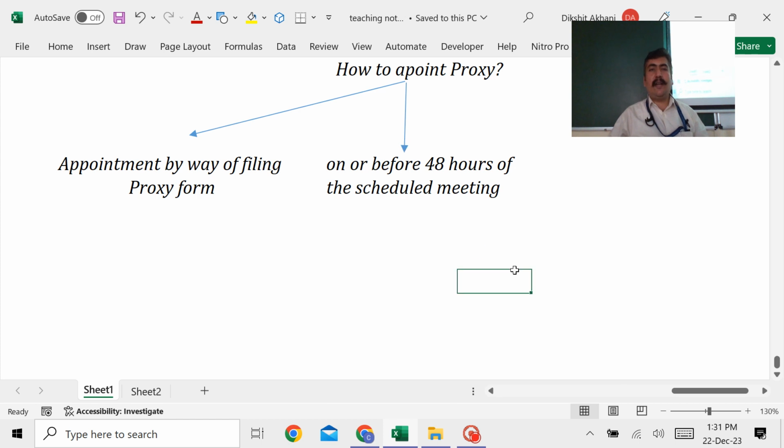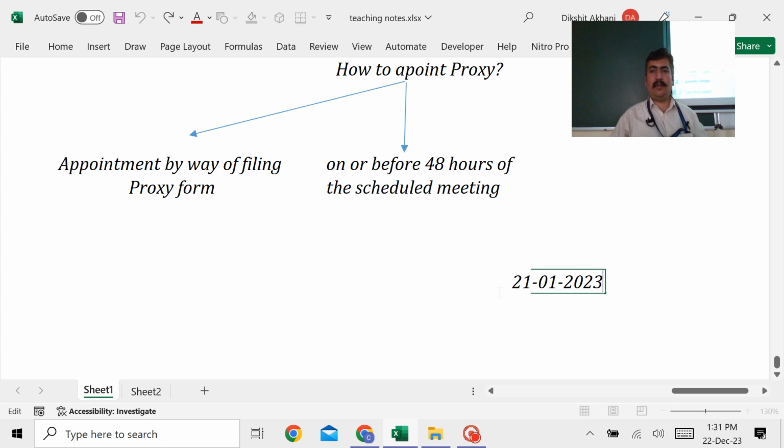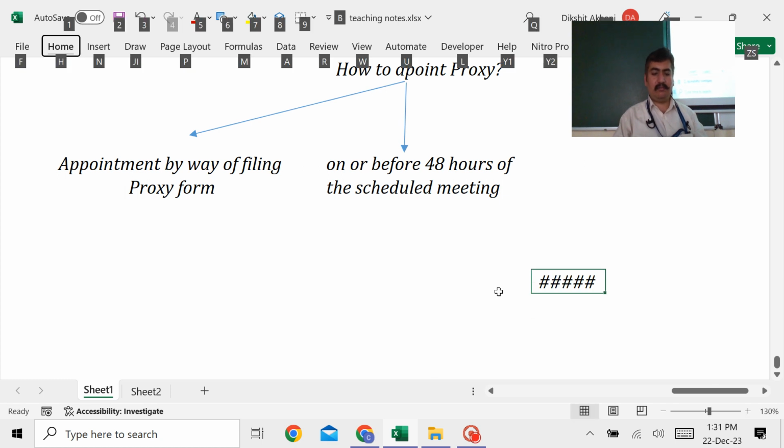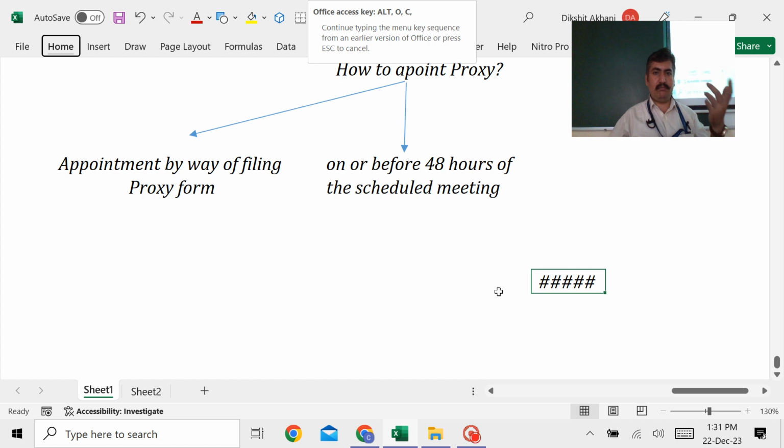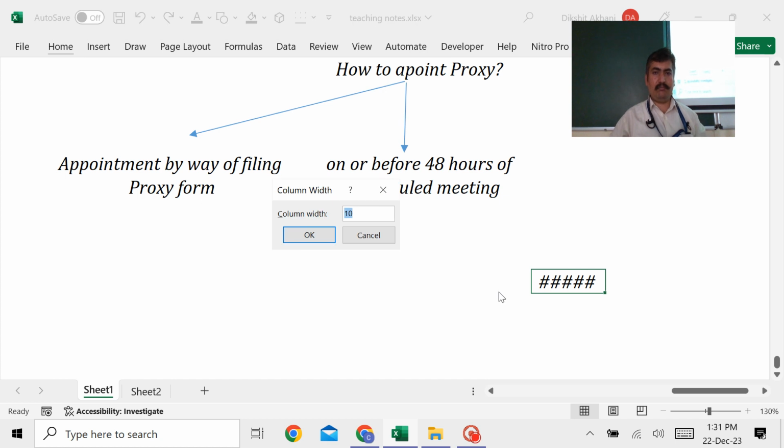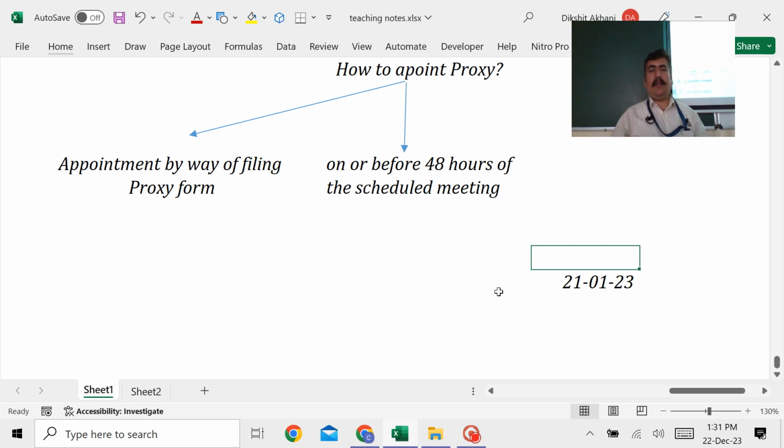48 hours. So try to understand that suppose 21st January 2023 is the date of meeting. Then 2 days before, 48 hours before, that means latest by 19th, you have to do this.